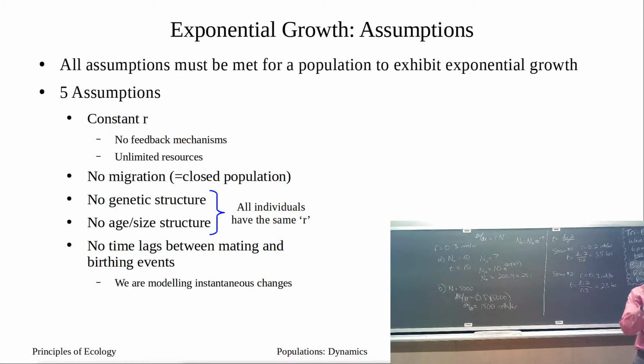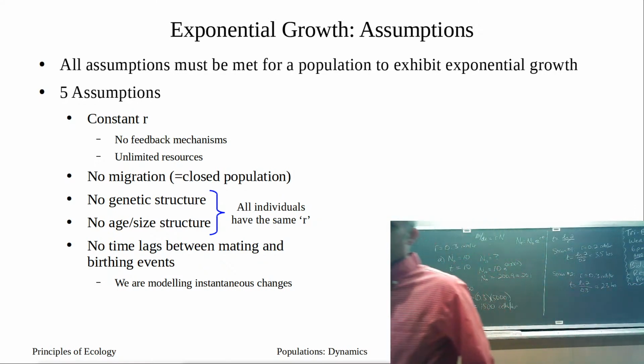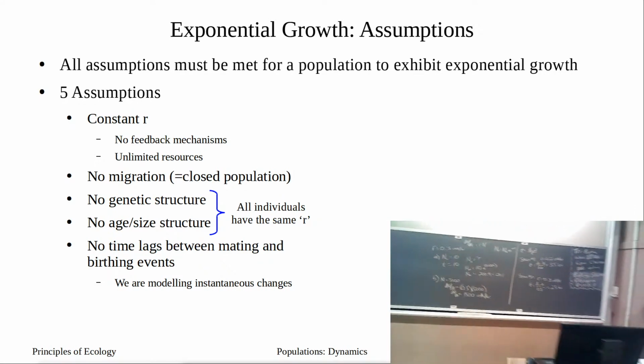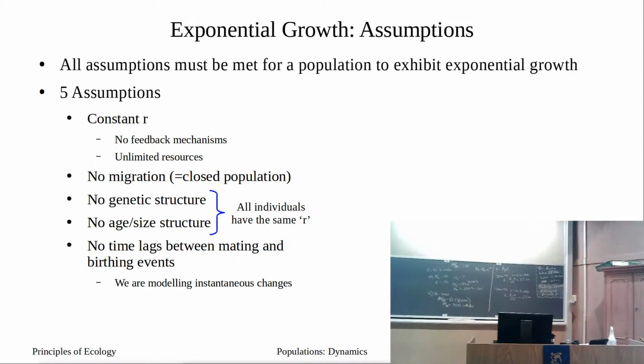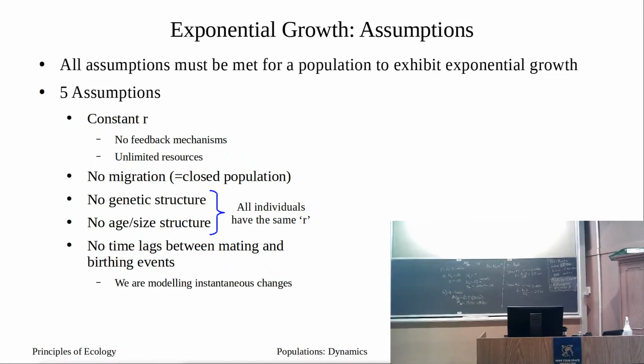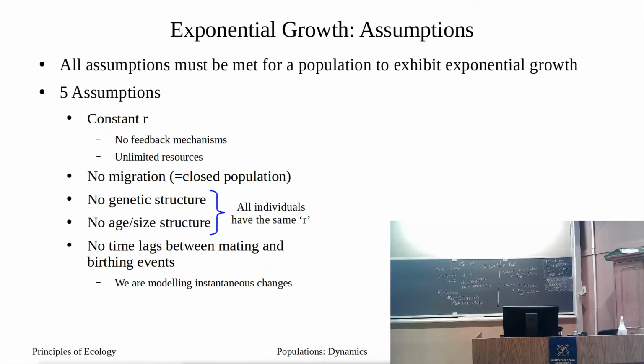It goes up, and it would go up to infinity, which means that our population could grow unchecked. How likely is that? Not very likely.